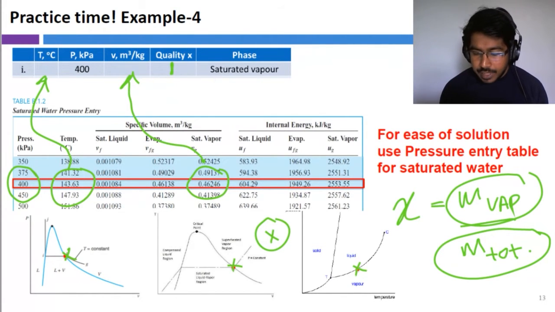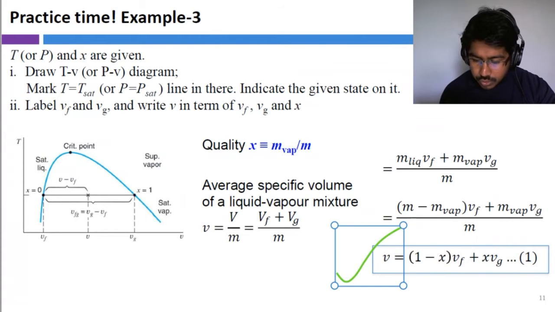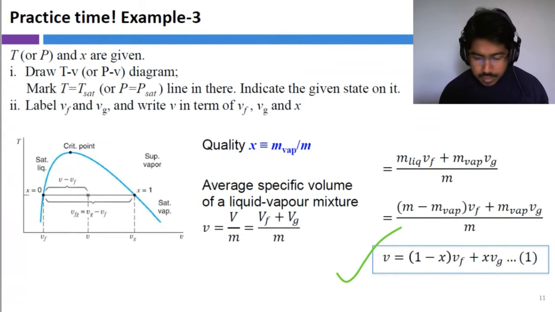And if it is inside the dome, then there's vapor and liquid in equilibrium. Depending on the conditions, the vapor mass has to be added. If you want to calculate the X after knowing the specific volume inside the dome, you can use this equation. This one was used to calculate specific volume once the quality is known.